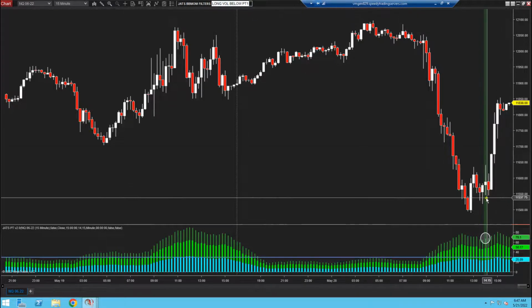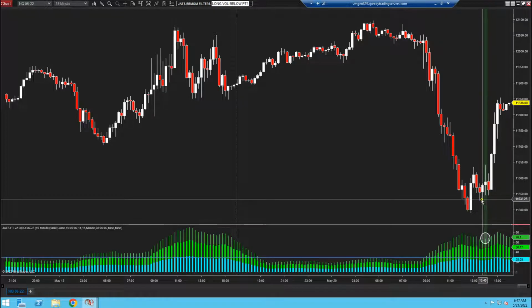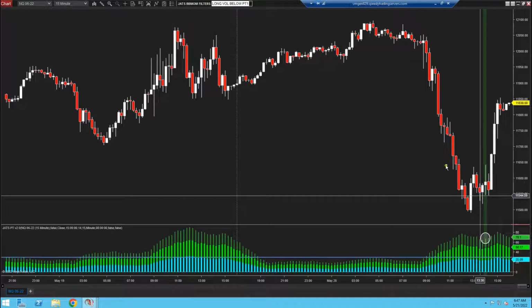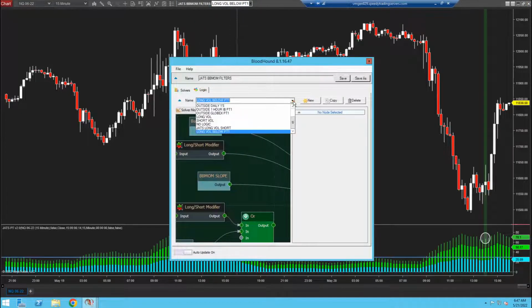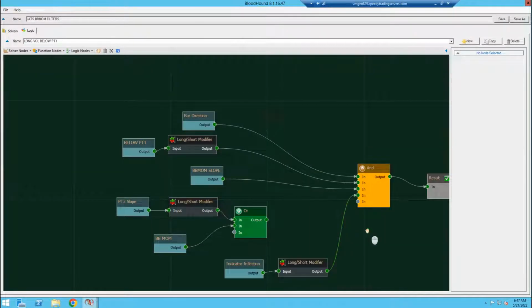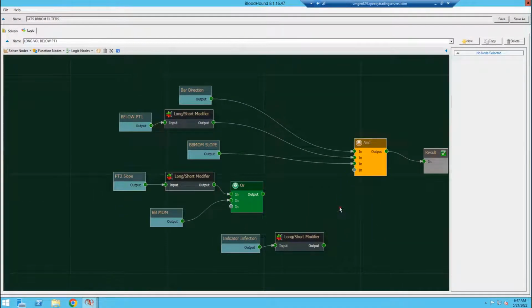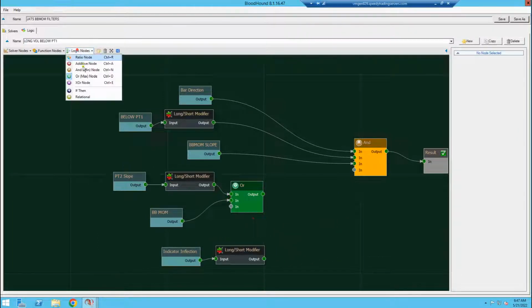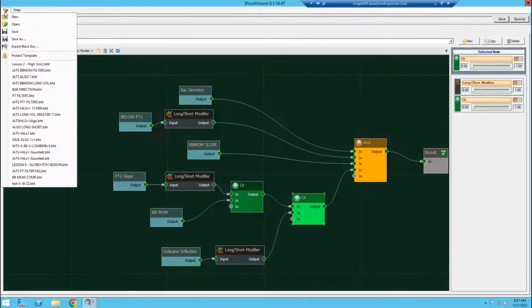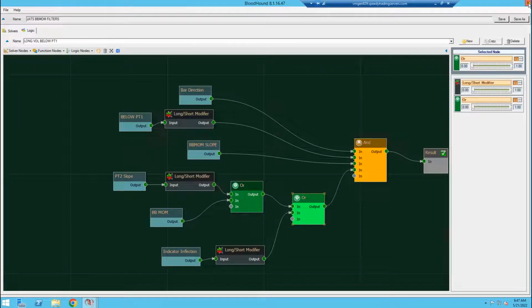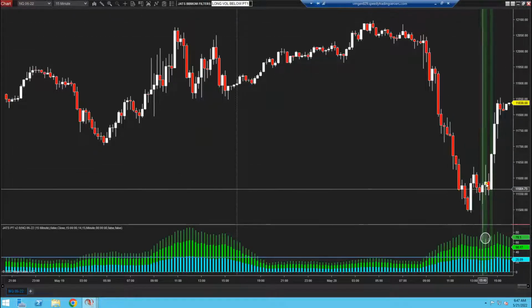You can get the previous bar without requiring the inflection. So I'll put an OR node on here and allow another signal to come through. And there we go.